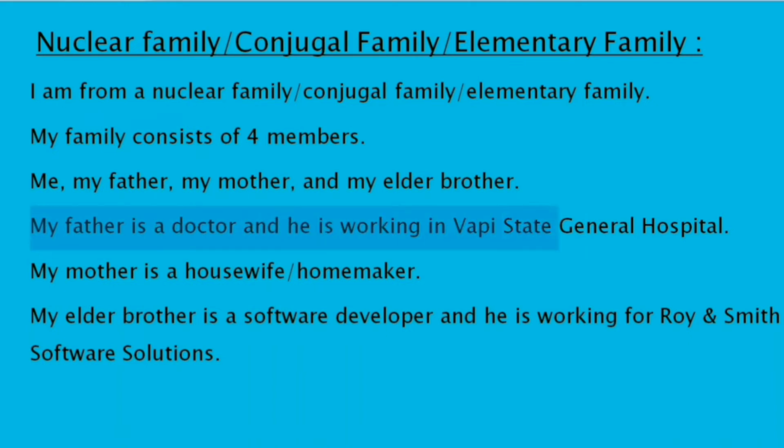Up next, you need to mention the profession of your family members. You mention your father's occupation. On your screen, you can say my father is a doctor and is working in Vapi State General Hospital. Then you can mention your mother's profession, and if she's not working, you can say my mother is a housewife, or better to use the word homemaker.